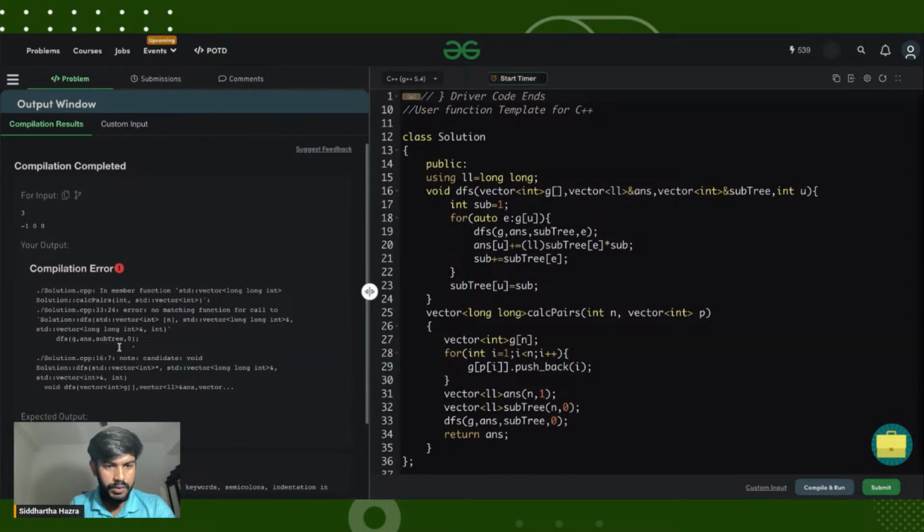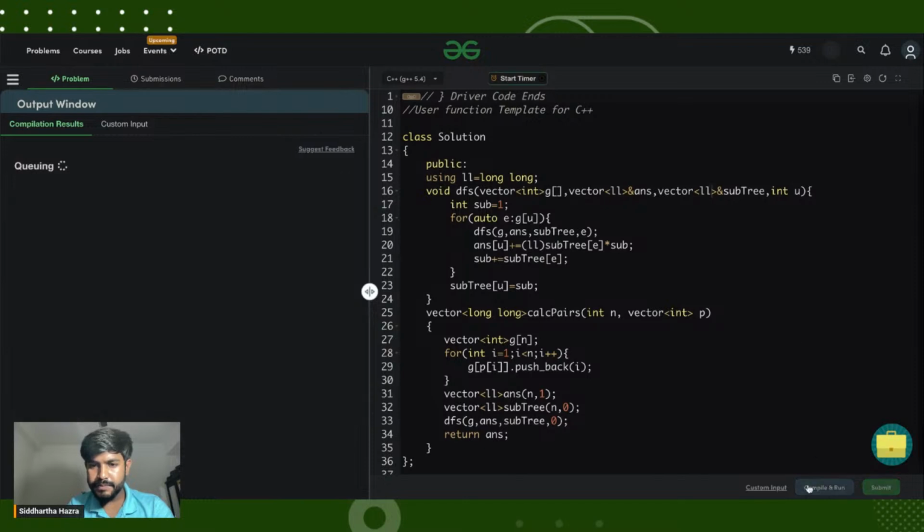Okay, no matching function for 33, line number 33. Okay, so DFS G answer. Am I making a very silly mistake? Okay, I think this would be LL also.